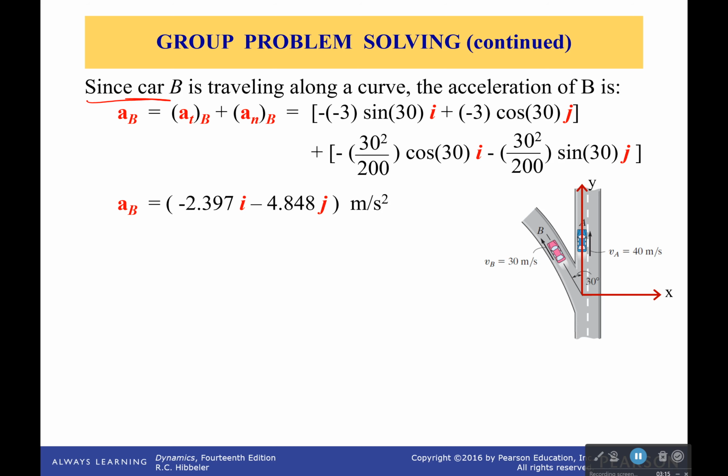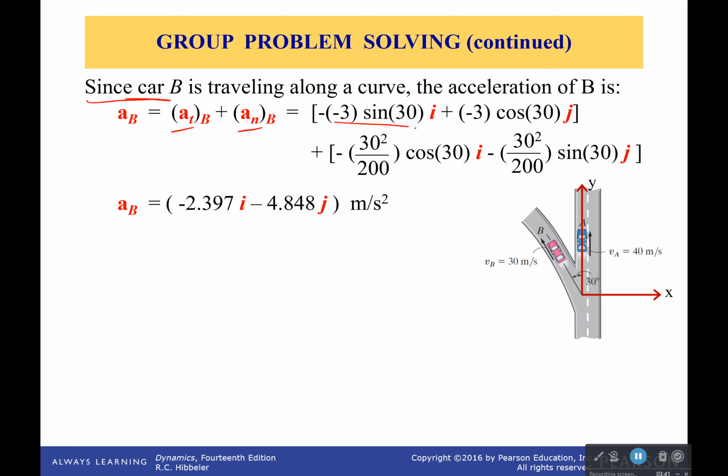You can't forget that. Now you're probably confused, like, wait a minute, why is there so much stuff going on here? Well, let's break that down. What we're having to do is convert the components of our tangential and our normal acceleration into components that are along the x and y axes, because they're not.